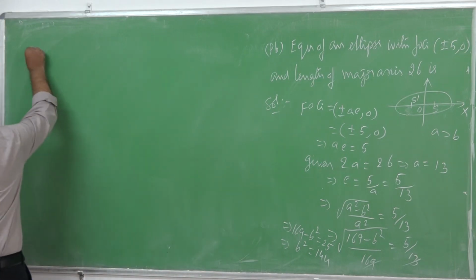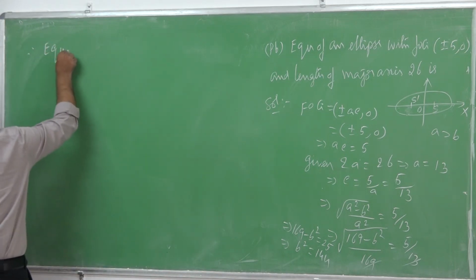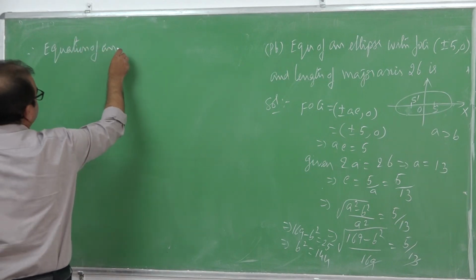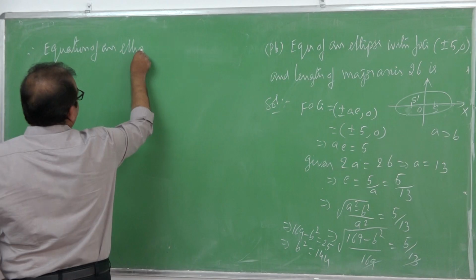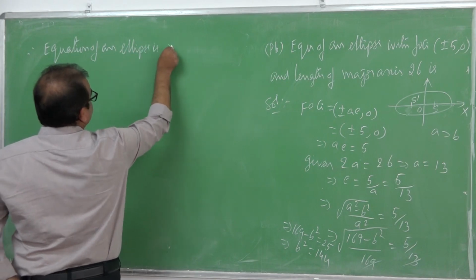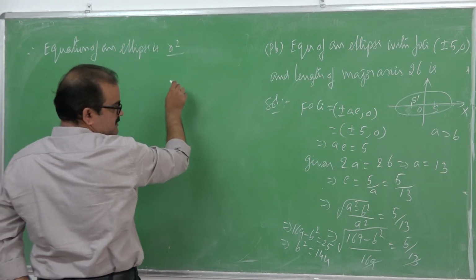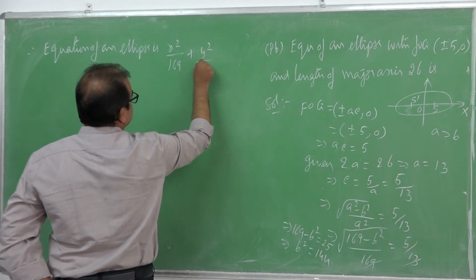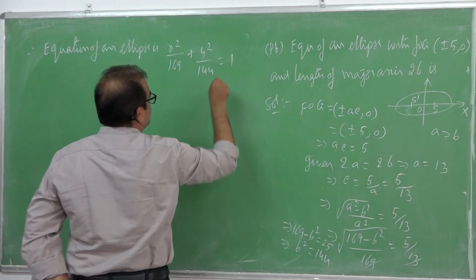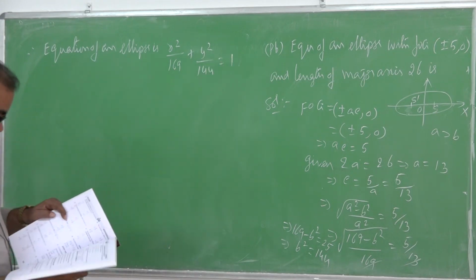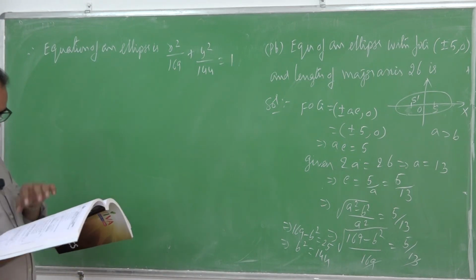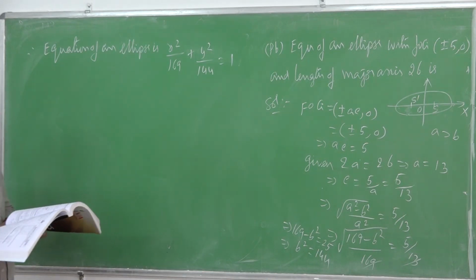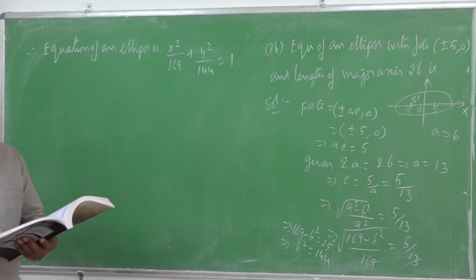Therefore, equation of an ellipse is x square by a square, a square is 13 square 169, plus y square by b square 144 is equal to 1. In this way we can find equation of the ellipse.